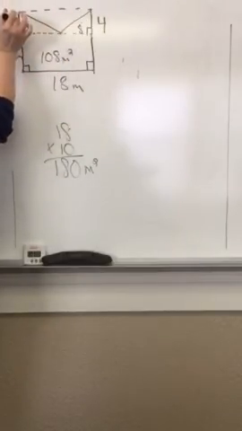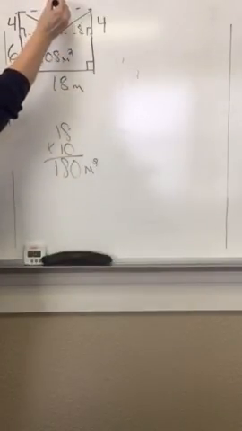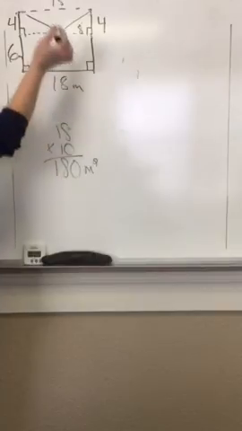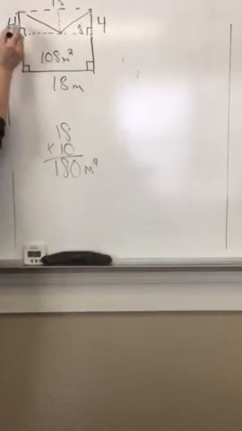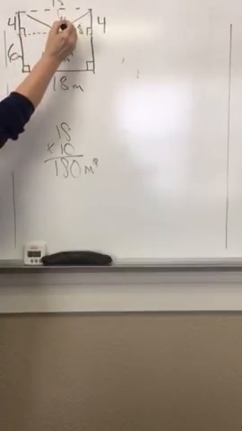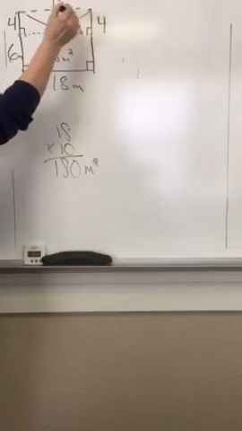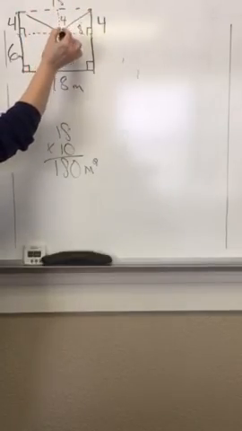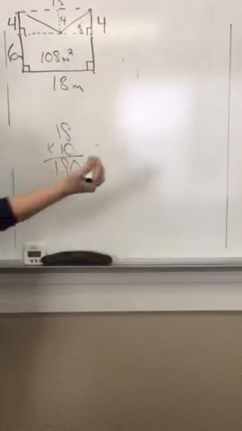How far is it from here to here? Well, it's 18, just like this. So the base is 18, and I just need to multiply that times how tall it is. Well, let's see, here to here is 4, here to here is 4. So base times height. I'm just multiplying these two numbers and remembering to divide by 2.